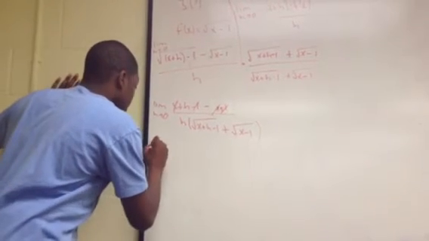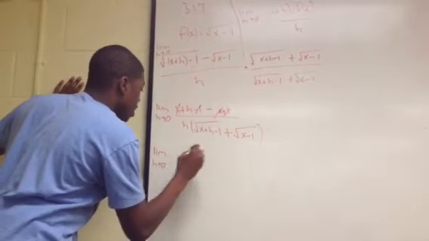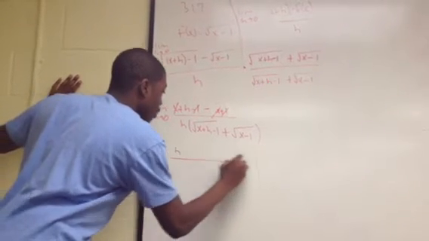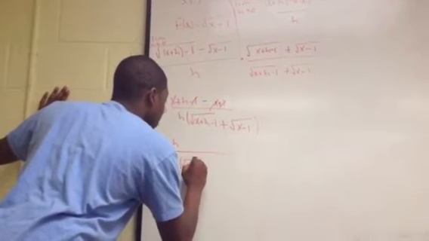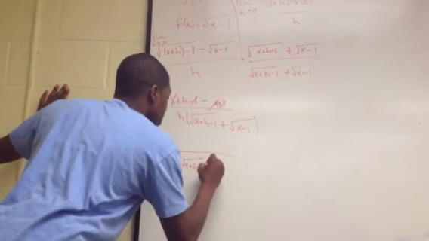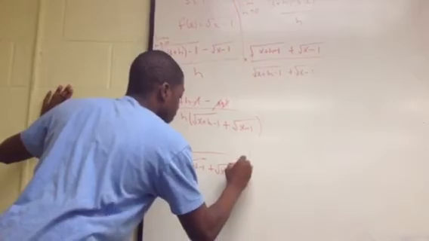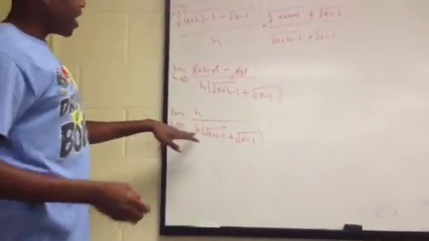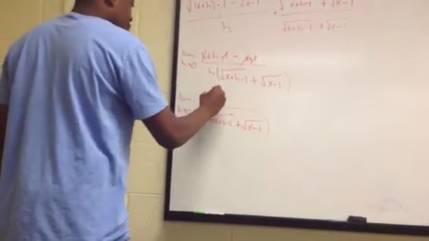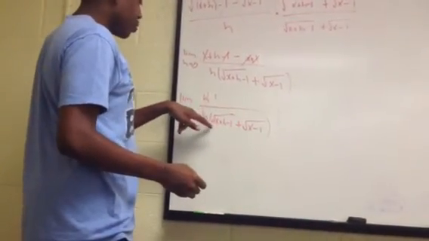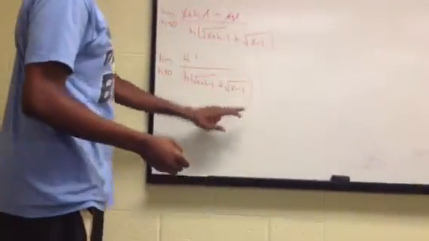That leaves us with the limit as h approaches 0 of h all over h times the square root of x plus h minus 1 plus the square root of x minus 1. Wow, what do we have here? We have an h and an h. We can simplify this, and that becomes 1 over the square root of x plus h minus 1 plus the square root of x minus 1.